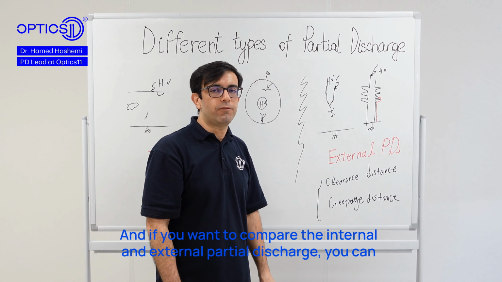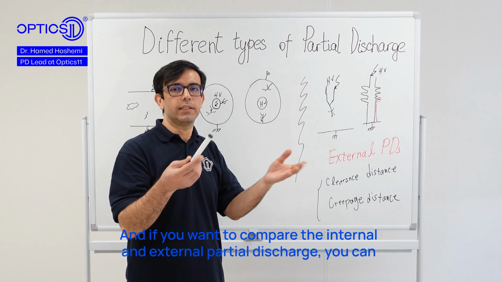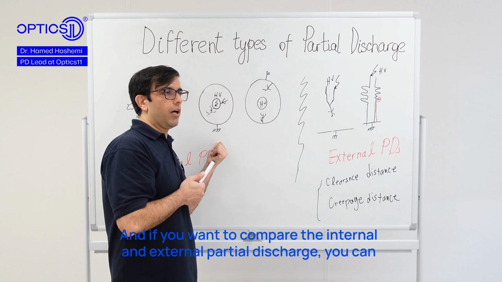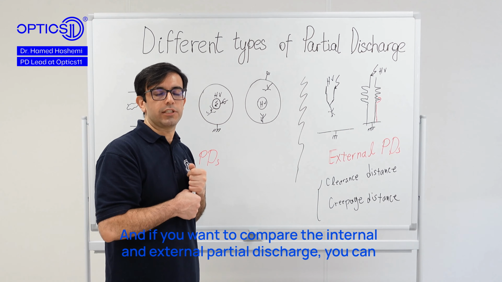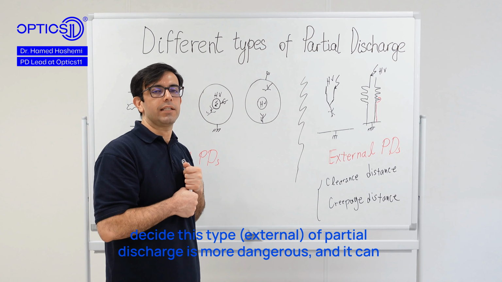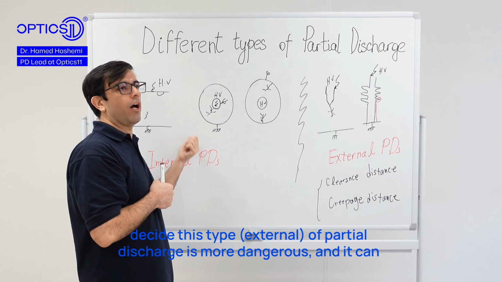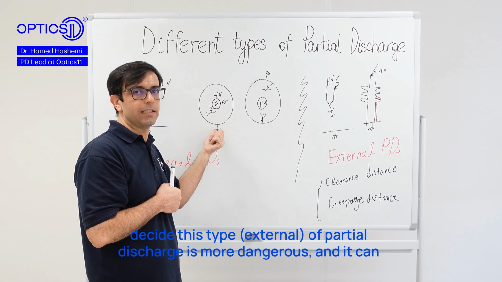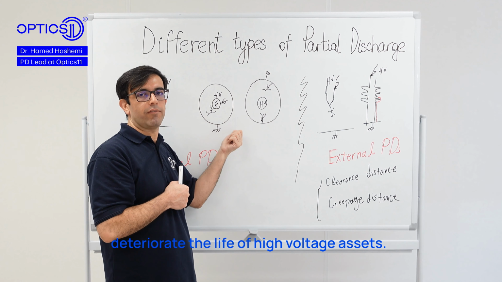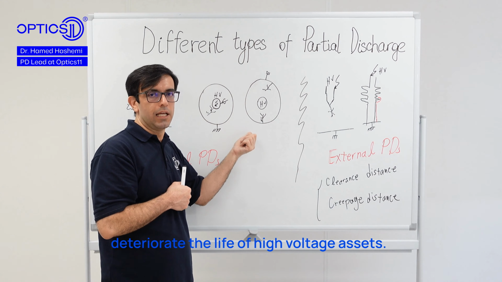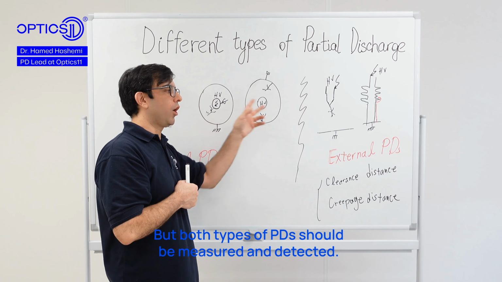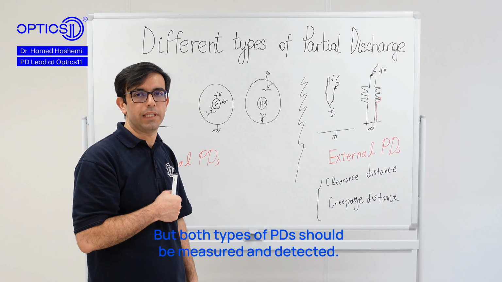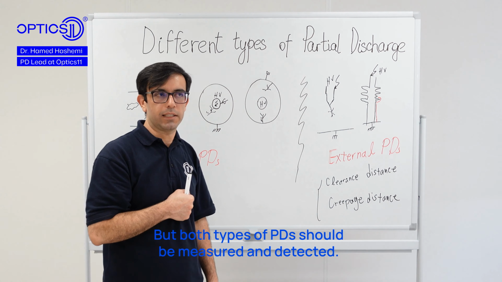And if you want to compare the internal and external partial discharge, you can decide which types of partial discharge are more dangerous. They can deteriorate the life of high voltage assets. But both types of PDs should be measured and detected.